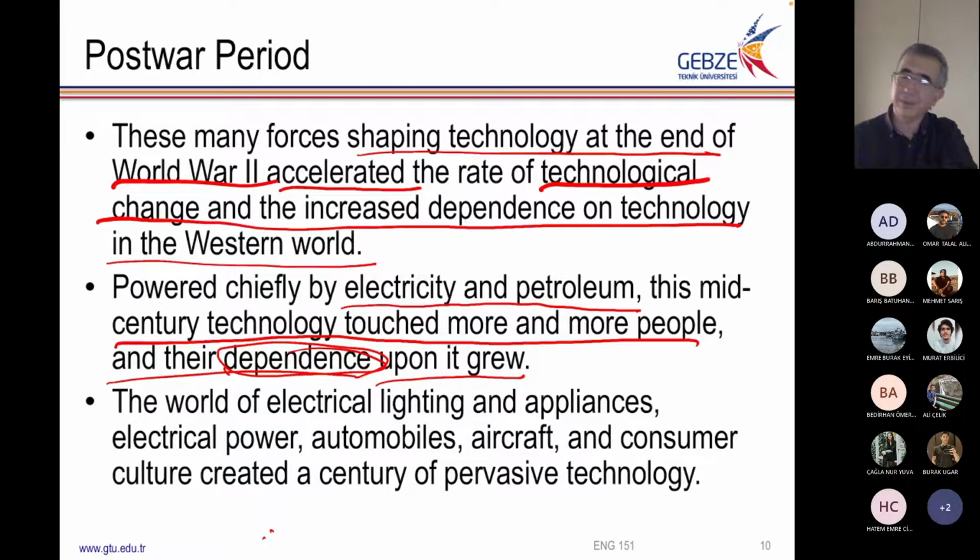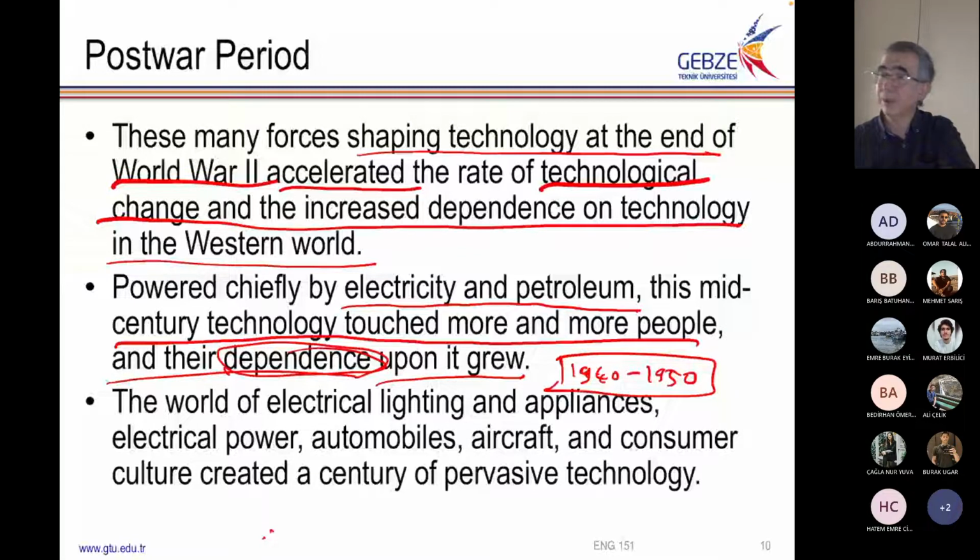At that time, in the 1940s and 1950s, the United States built highways in the country so that people could travel, and houses were built in suburban areas.